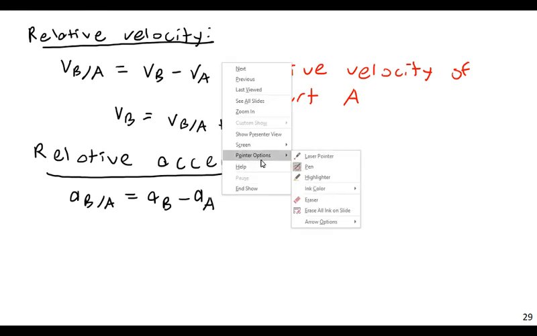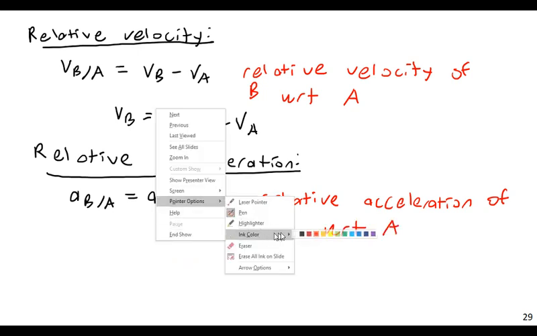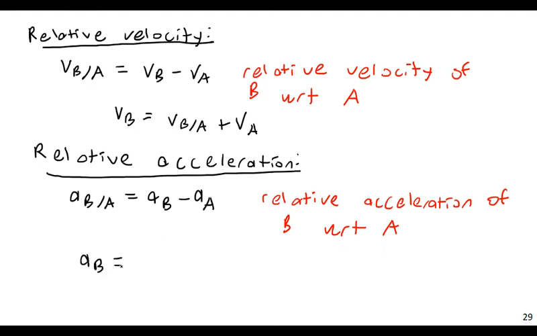It is the relative acceleration of B with respect to A. This is not relative to its position, but it's comparing the two accelerations. And then AB is equal to AA plus ABA.